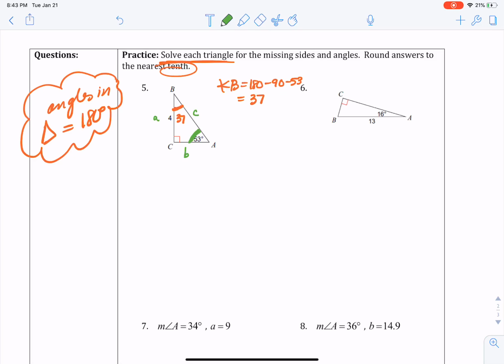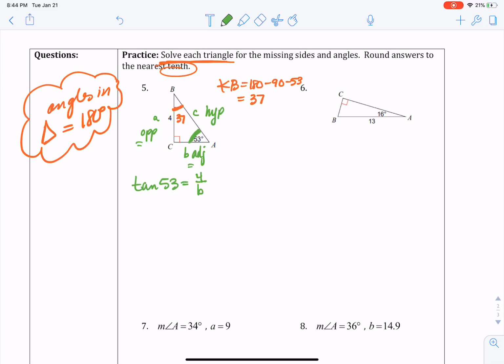So for angle A, this is opposite, hypotenuse, and adjacent. So if I use A and O, the tangent of 53 equals 4 over B.